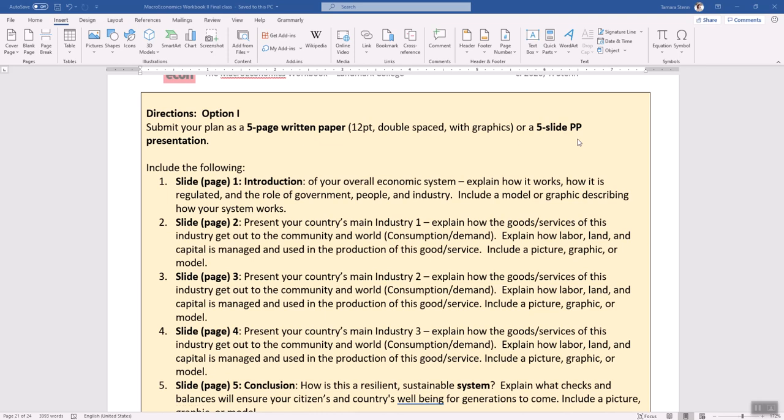So if we're looking at, for example, the United States, where we have our households on one side and we have our industry on the other, and we have the workers engaging in the industry and then also being the consumers, and we have the government sort of in the center helping to regulate that through taxes and legislation, okay, that could be a model, right, describing how your system works.